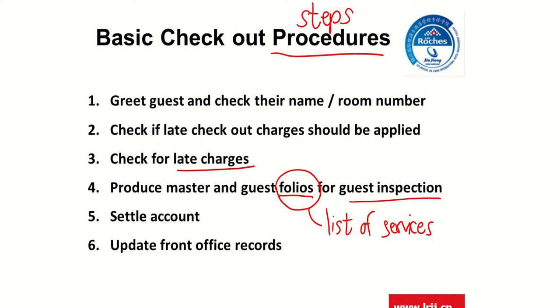For example, massage, dinner, laundry service, like that. All services will be put in a folio. A list of services 1, 2, 3, 4, 5 with price. So you see the example of the folio in the next slide.